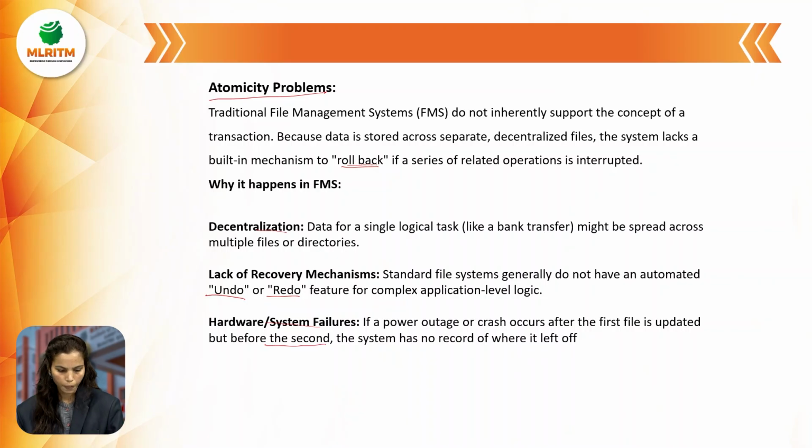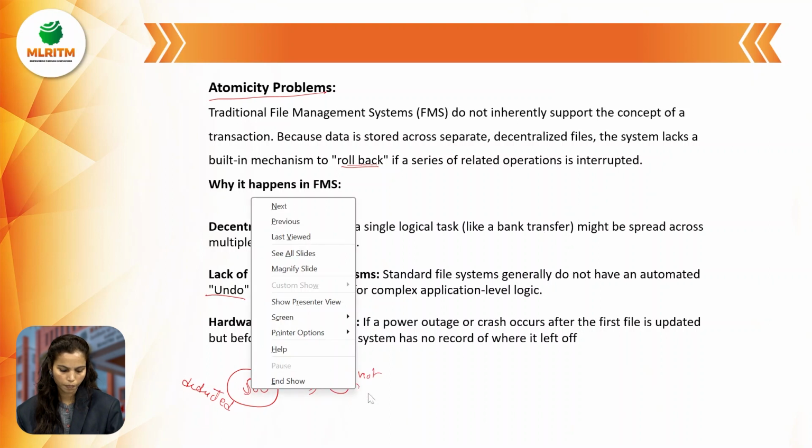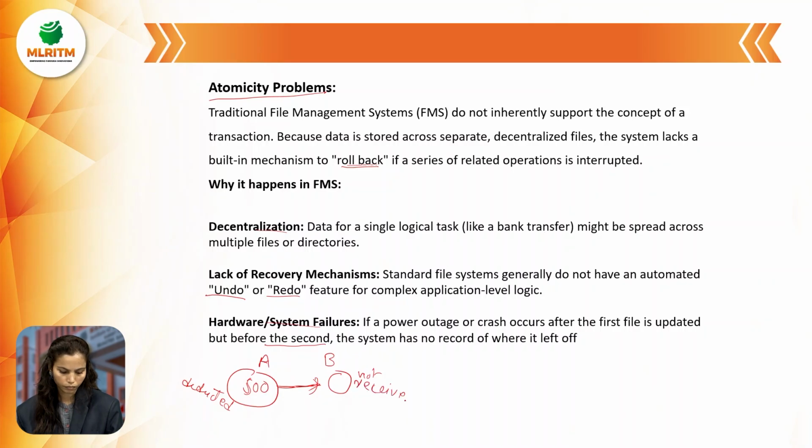For example, here are two persons, A and B. A sends 500 rupees to B. Suppose there is some technical issue or system crash: the amount is deducted from A's account, but B didn't receive the 500 rupees.